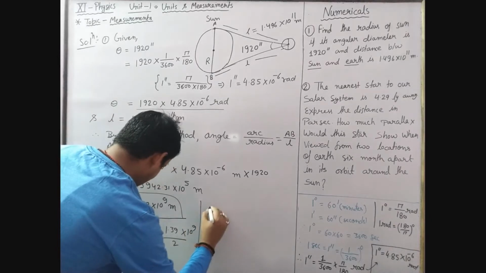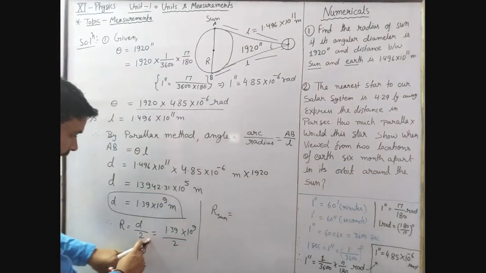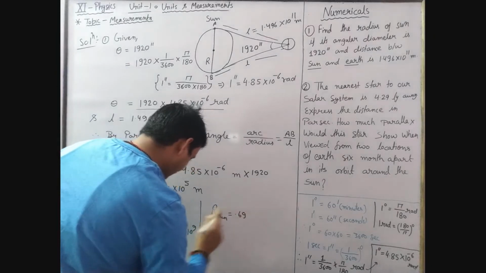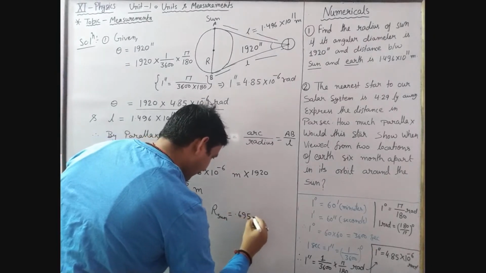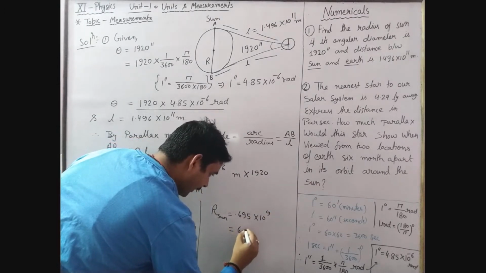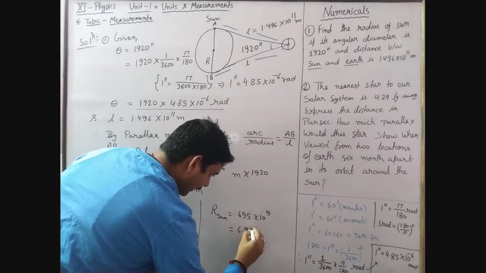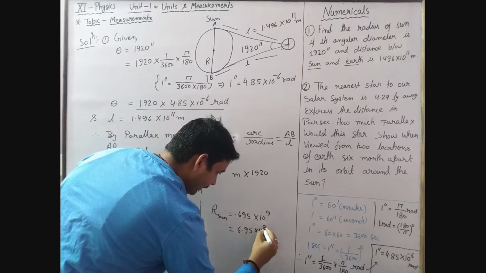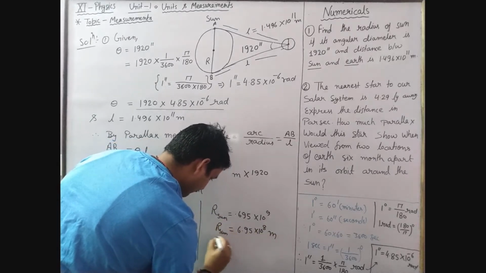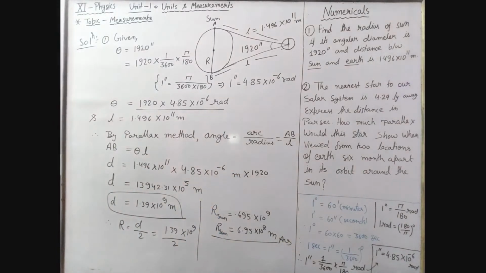This you will get finally: the radius of the Sun is equal to 0.695 into 10 to the power 9, which is 6.95 into 10 to the power 8 meter. This is your first solution.